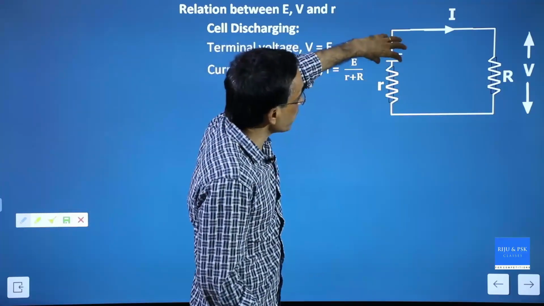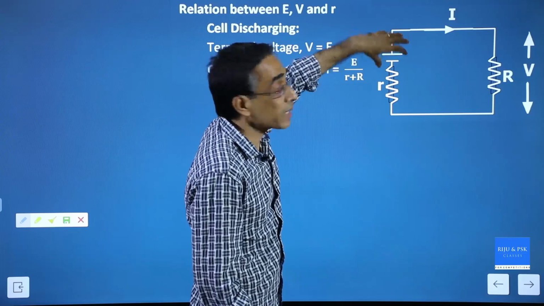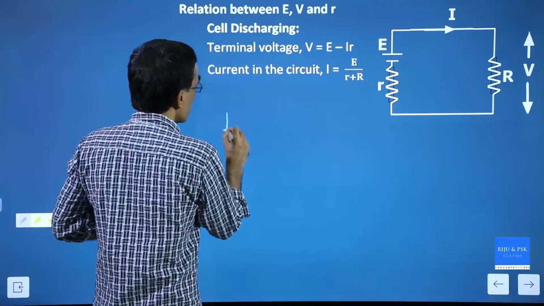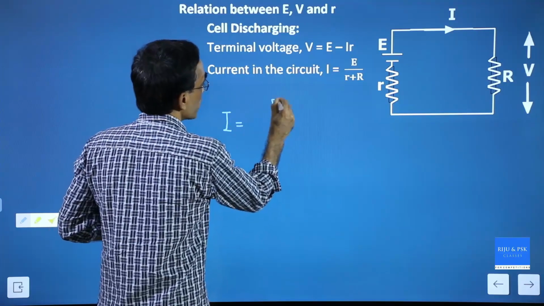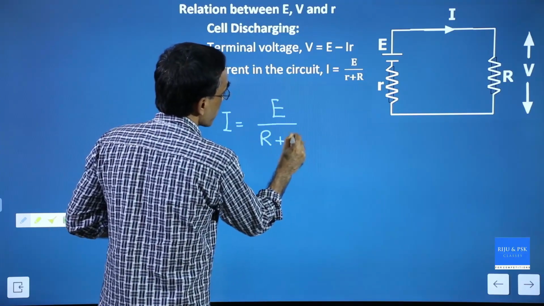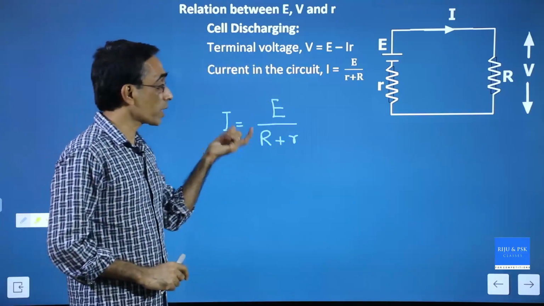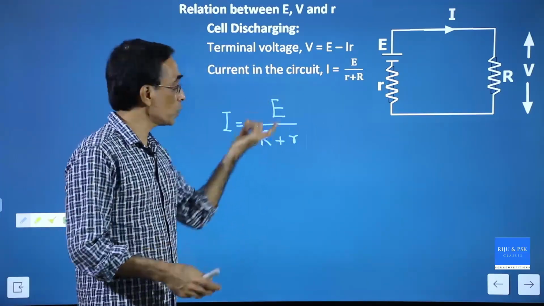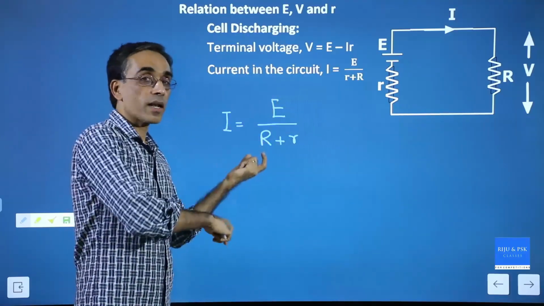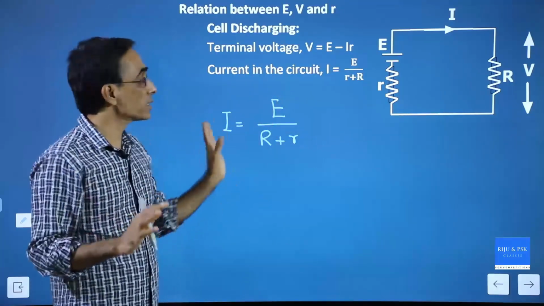And the potential difference is given by the cell, and the cell can give you a maximum of E. So the current in the circuit, the current from the cell, will be equal to the EMF of the cell divided by the external resistance plus the internal resistance. That is the current.